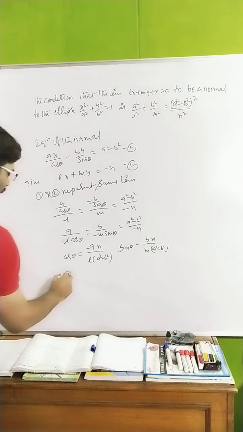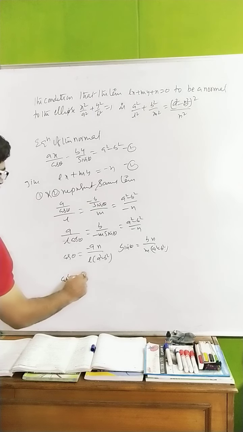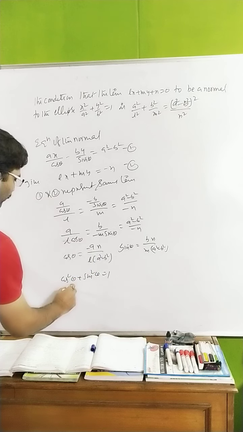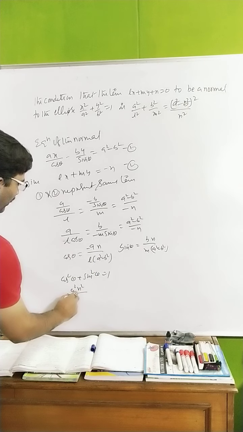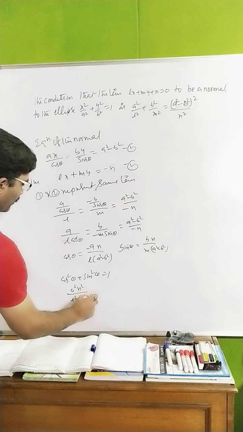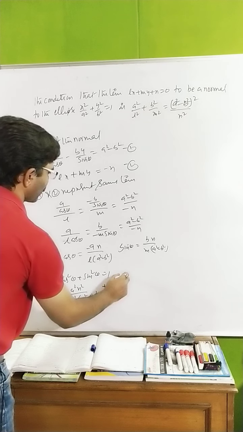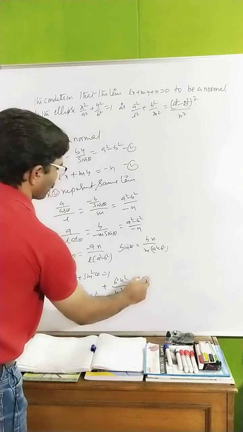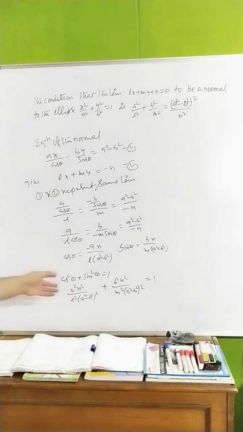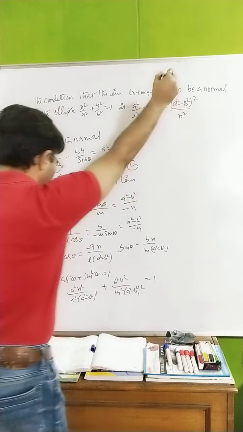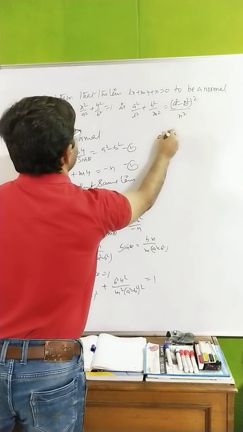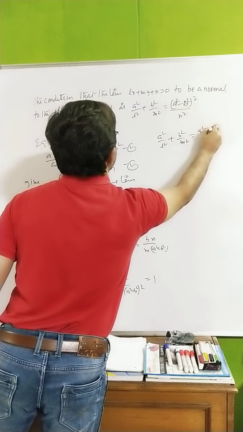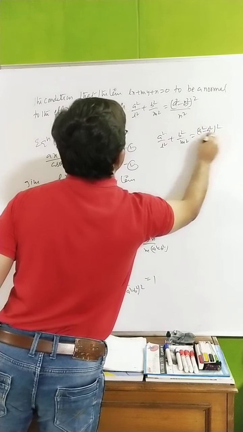Now cos square theta plus sin square theta, as you know very well, is 1, so we can write a square n square divided by L square into a square minus b square whole square, plus b square n square divided by m square into a square minus b square whole square is equal to 1. Or if you rearrange this, a square by L square plus b square by m square is equal to a square minus b square whole square divided by n square. Yeah, we got it.